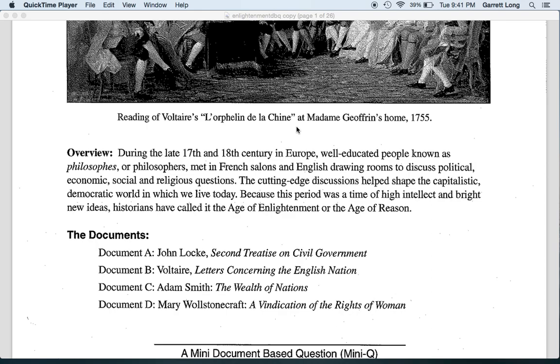Now, a couple of things. We should already know that John Locke is all about natural rights, life, liberty, and property, and that everyone is born with natural rights. John Locke also feels that people should have the freedom to choose their own government. Voltaire is all about freedom of speech and freedom of religion.